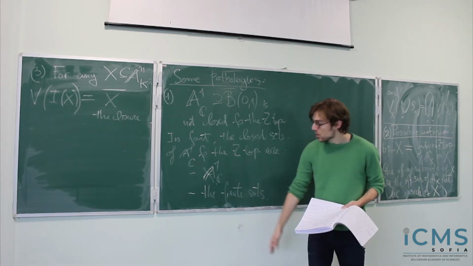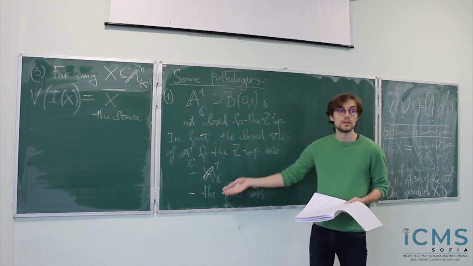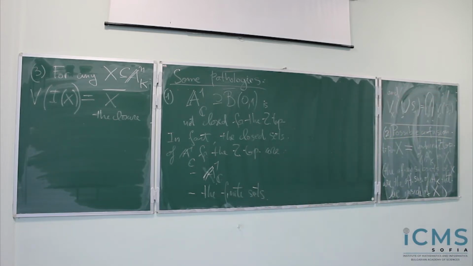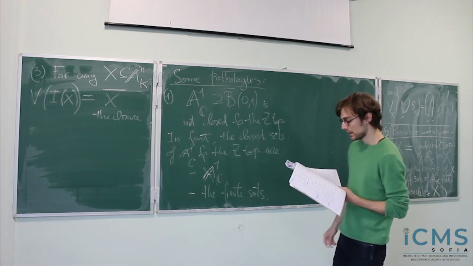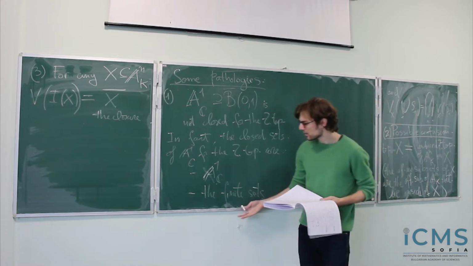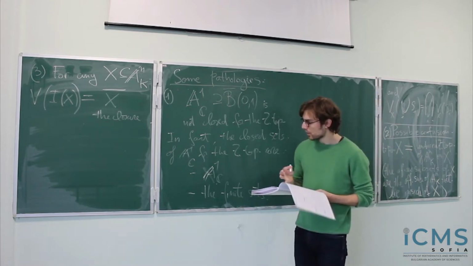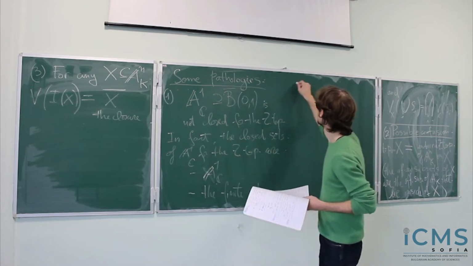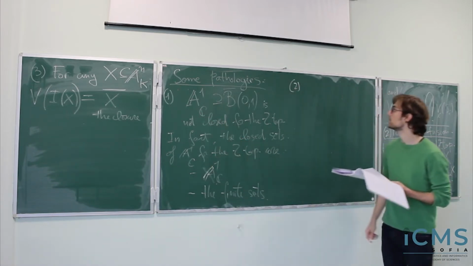And if this polynomial is not a unit, then the set of zeros is just the roots of this polynomial, and it is a finite set. So as you can see, the closed sets are pretty small considering how complex the structure of C is. But we'll see a little bit further.